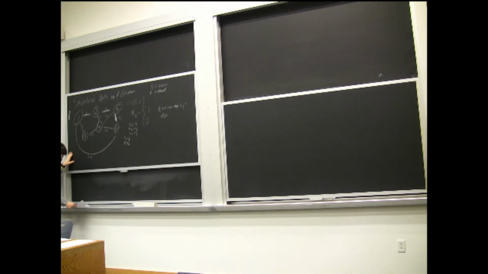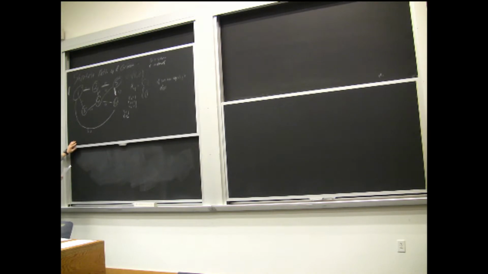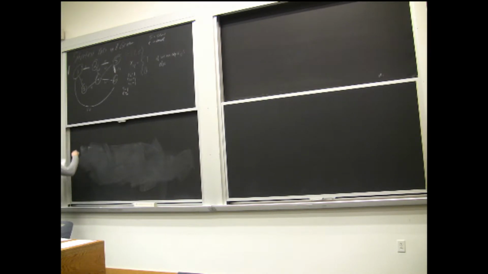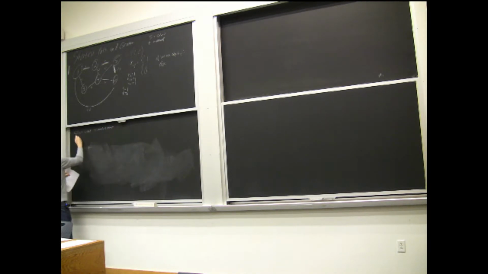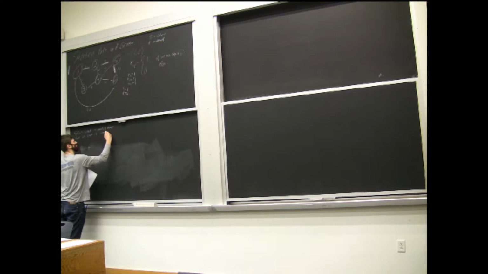So let's encode that. At the start, we want +1 units of flow, and at the end we want -1 units of flow.